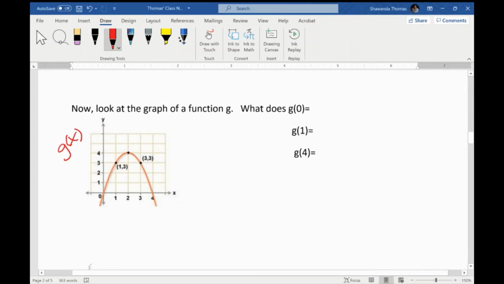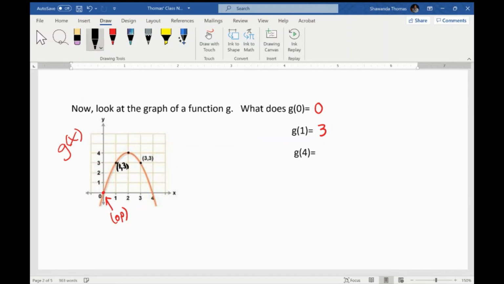All right, g of 0, what do you think? 0. Nice. This is (0, 0) right there. All right, g of 1. 3. Very nice. Actually, they told us that point was (1, 3).